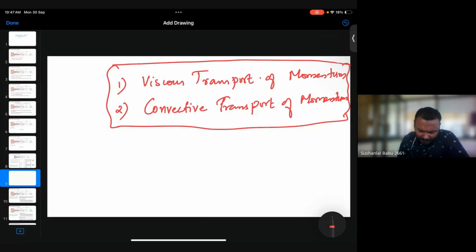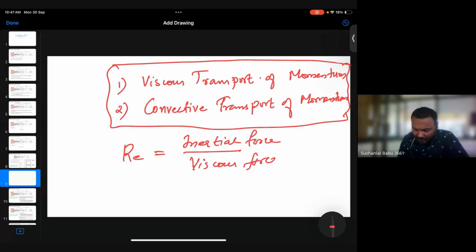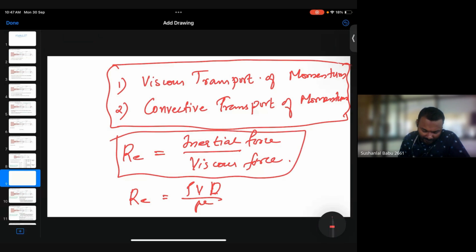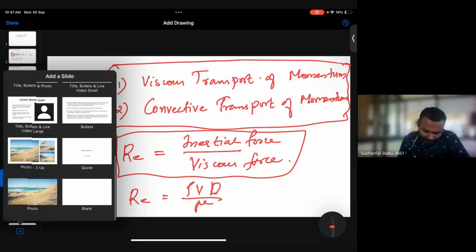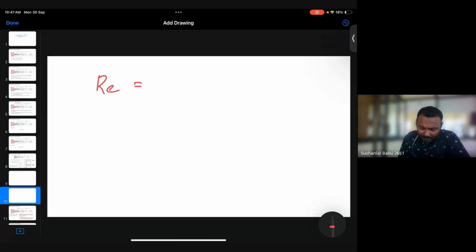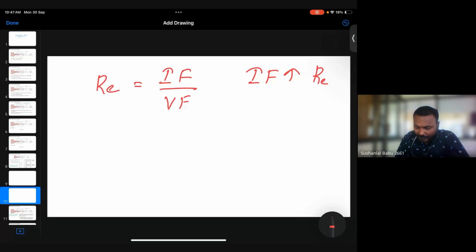Before going on, Re is nothing but inertia force by viscous force. This we have to keep in mind. The expression is Re equals rho v d by mu. That also you have to keep in mind. When inertia force dominates, Re becomes large.